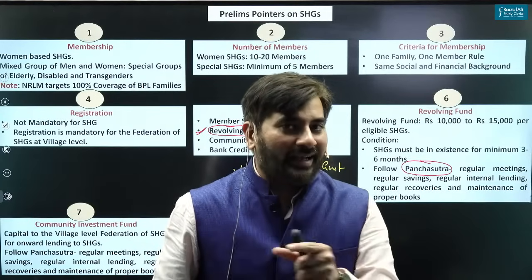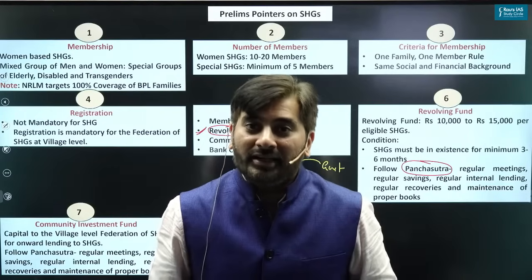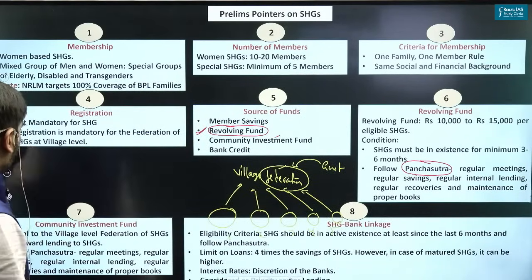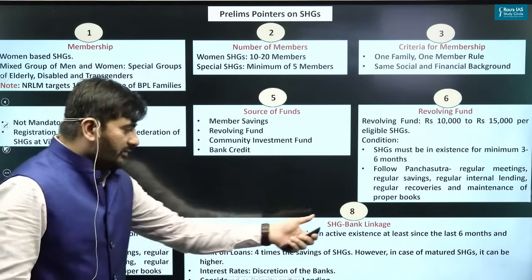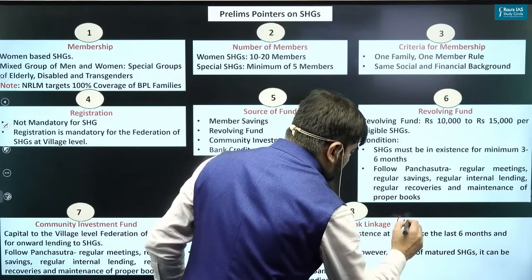The SHG bank linkage program is a scheme of NABARD, National Bank for Agriculture and Rural Development. So can you see here, SHG bank linkage is the scheme of NABARD.